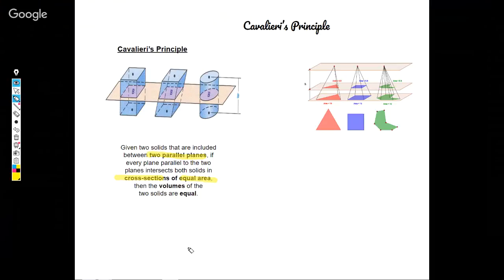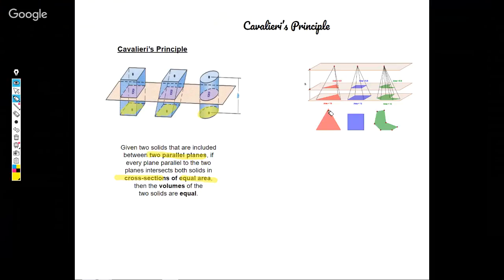So what that means is even though this base is kind of like a straight up and down prism, even though this one is tilted, and even though this one is a circle, because those capital B's are all the same, that means those cross sections have equal areas, even though the shapes look different. Same thing here.